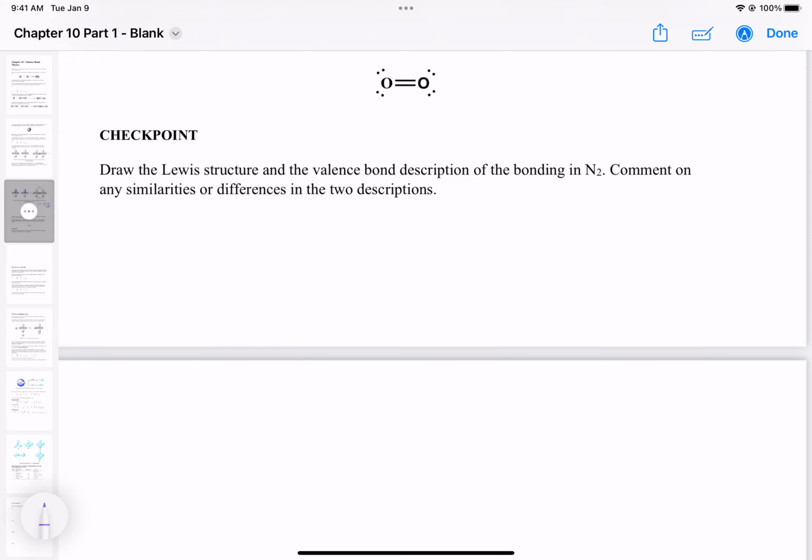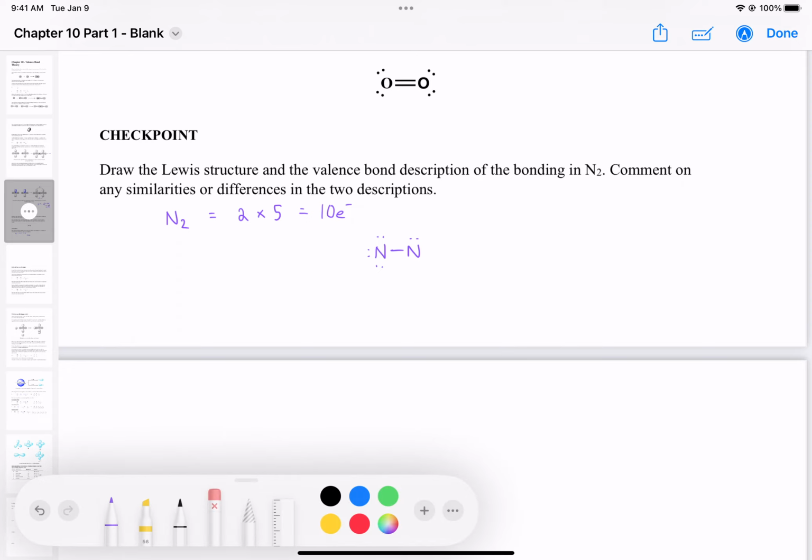All right. So N2. We have 2 nitrogen atoms times 5 valence electrons each, and we get 10 electrons, okay? So here we can see we have 2, 4, 6, 8, 10, but we're missing some octets in our nitrogen atoms.